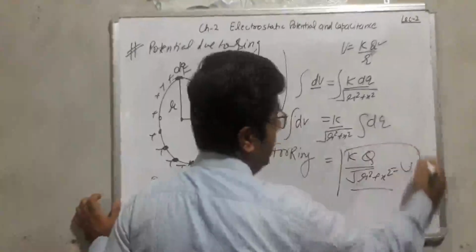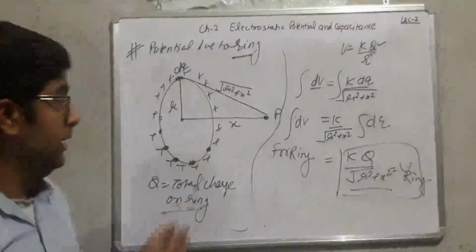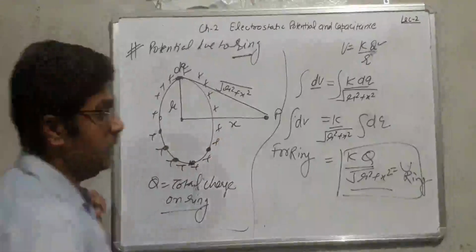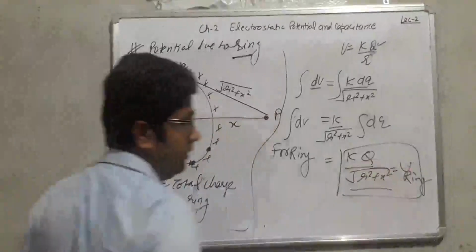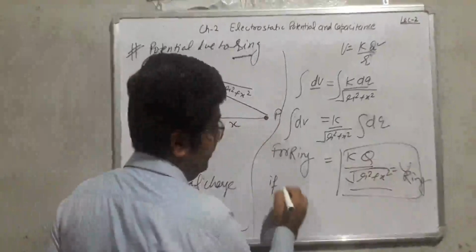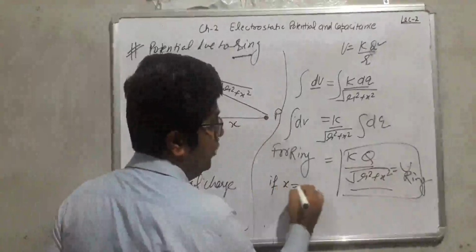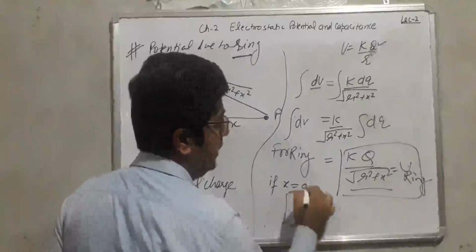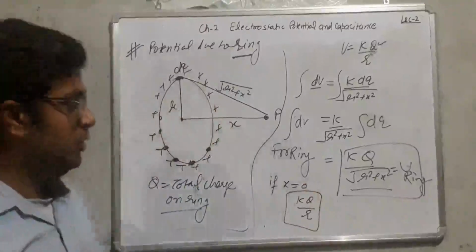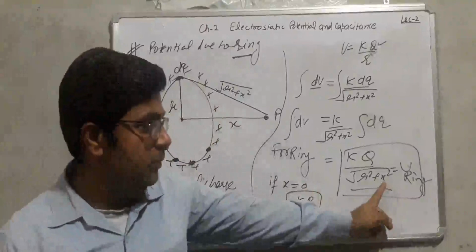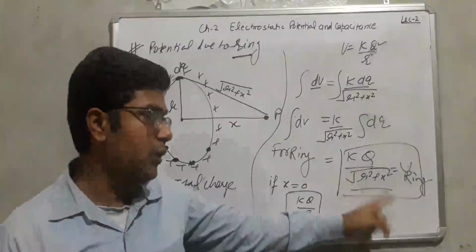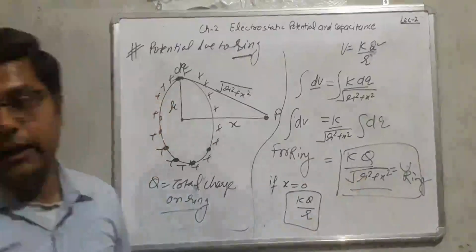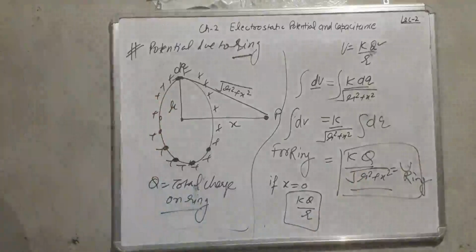So this is the potential due to a ring. We can do a special case if this x is approximately equal to 0. If x is equal to 0, then it is kq by r, because this will be 0 and r square and square root cancel, so we get only r. So note it down.